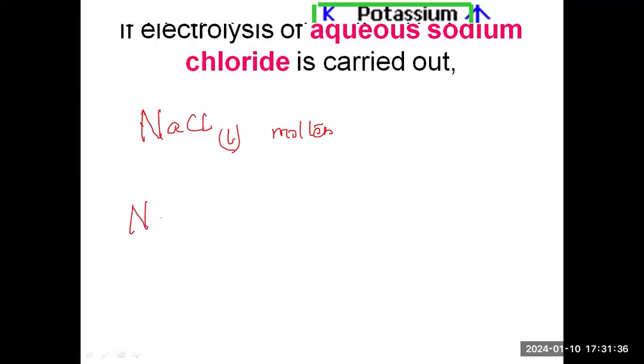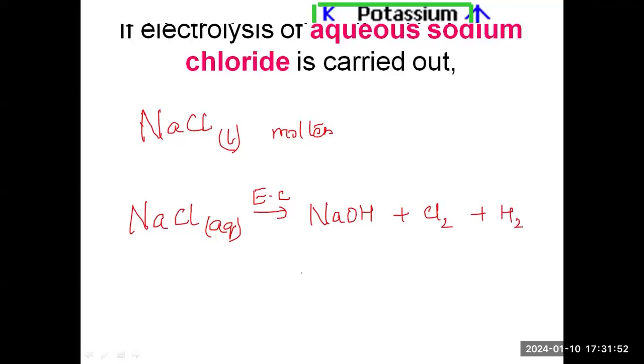But if you take the aqueous form of sodium chloride and pass electric current through it, we get sodium hydroxide, chlorine gas, and hydrogen gas. This is called the chloralkali process, which we discussed in the second chapter.